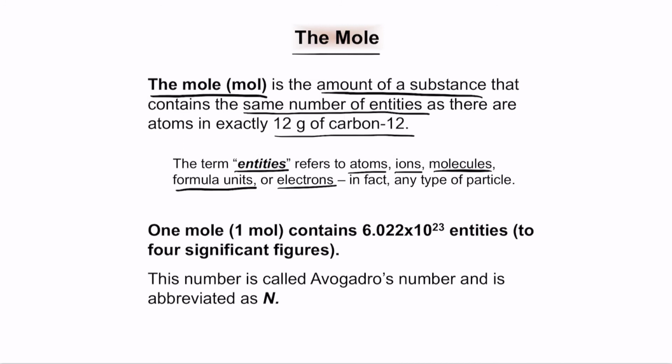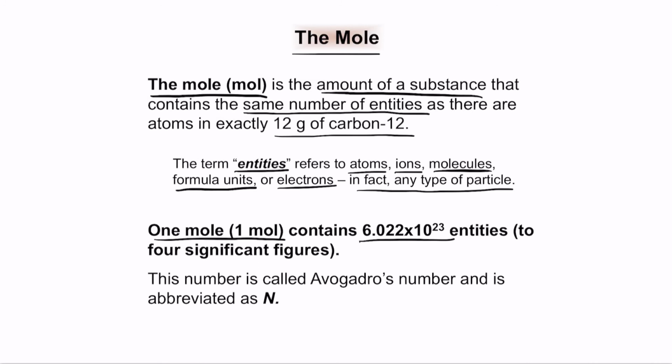It can be electrons, and in fact it can be any type of particle. One mole contains about 6.022 times 10 to the power 23 entities. This is the number of particles in a single mole of a substance, given to 4 significant figures.